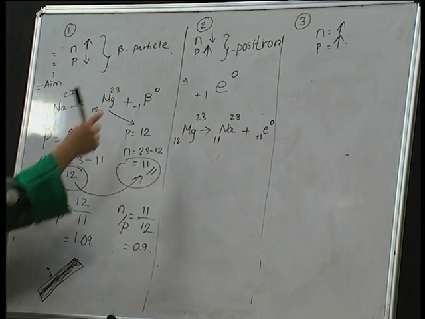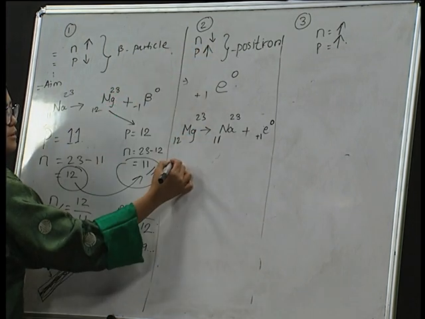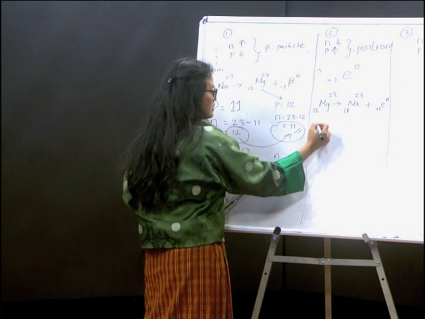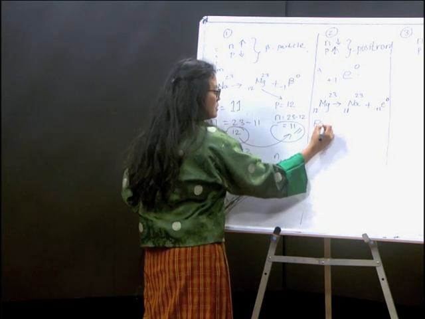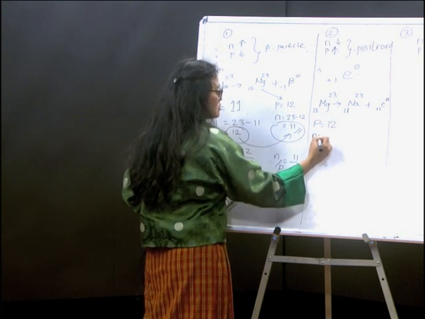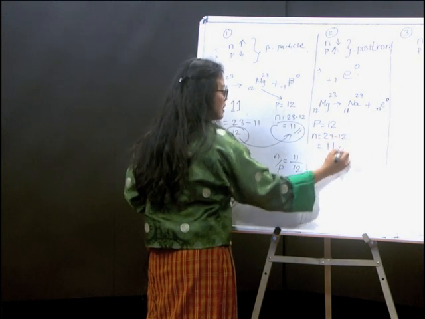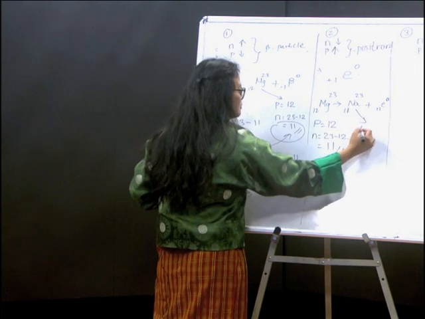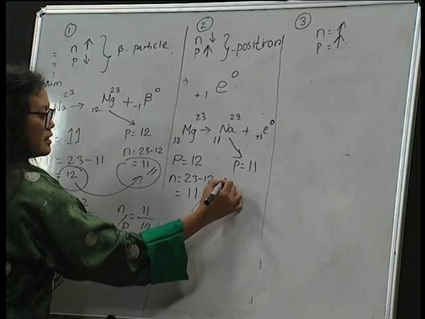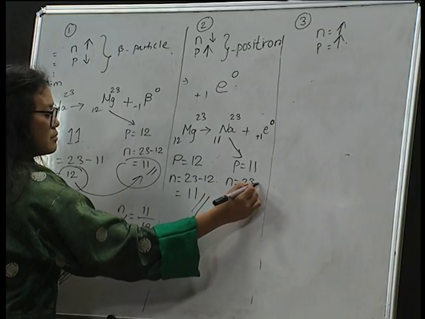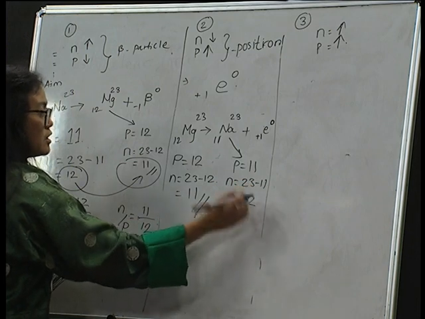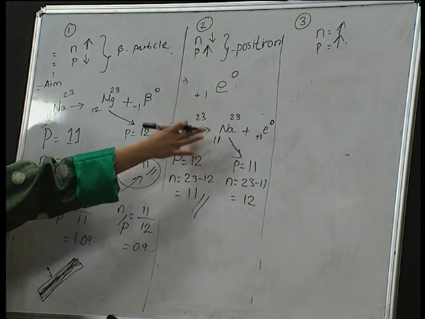So, we will again see how the number of neutrons is being adjusted here. Here the proton is 12 and neutron will be 23 minus 12, so it is 11. In this case, proton is 11, neutron 23 minus 11, it is 12. What is our aim in this category?